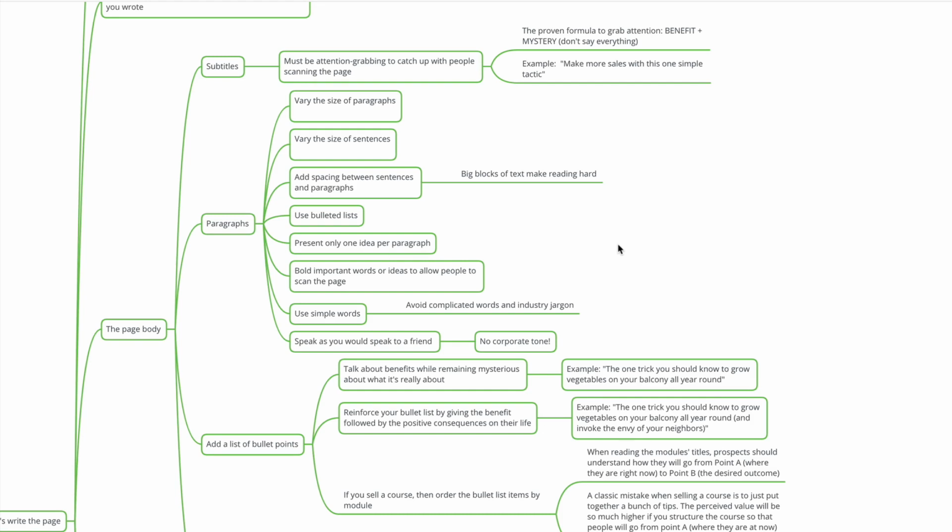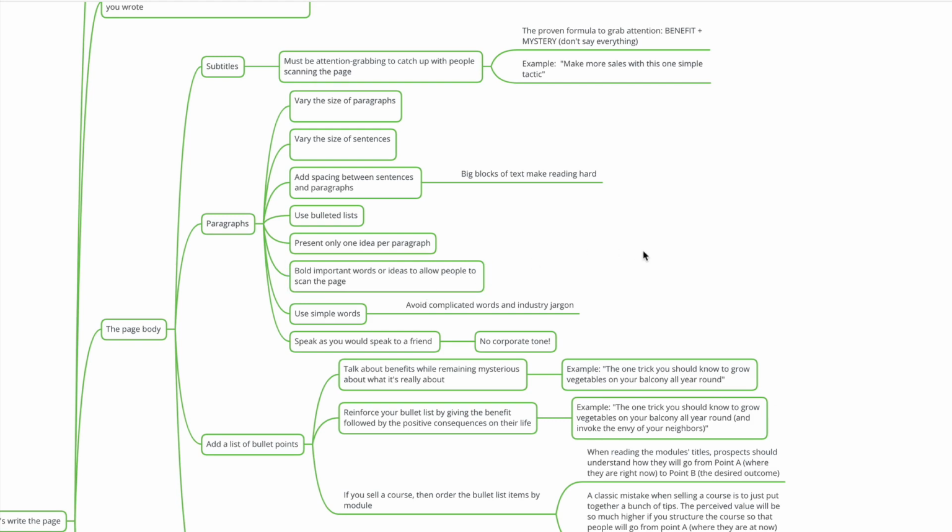Don't have super long sentences because then it makes it very hard to read. Most writers know this, but there are readability scores where some tools will analyze your text and see if sentences are too long, because that's really going to hurt your text and make it difficult to read.